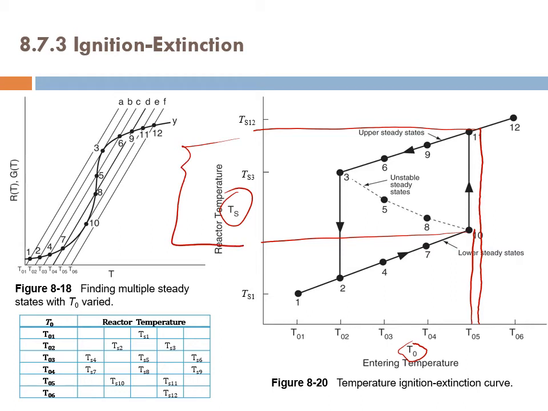You can see that the jump in the steady state temperature is huge. So with that little increase in the feed temperature, just slightly above T05, the system actually will go to its new steady state.